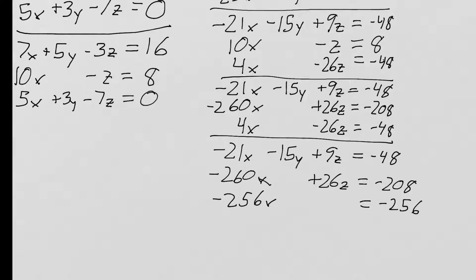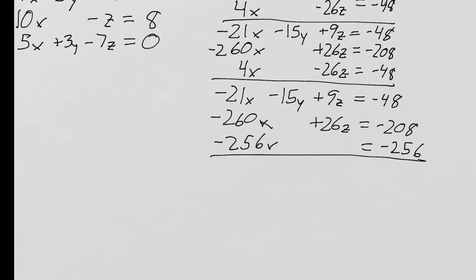And now, I have some common terms in these equations, so I can get rid of those. So in the first equation, I have a common factor of, we'll call it -3, so I can go back to 7x plus 5y minus 3z equals 16. In the second equation, I have the common factor of, we'll call it -26, so I can go back to 10x minus z is equal to 8.